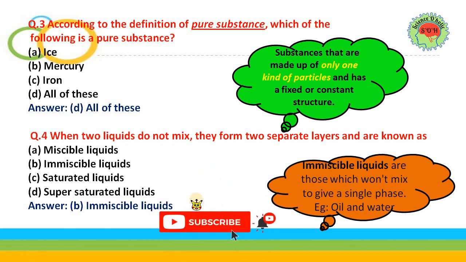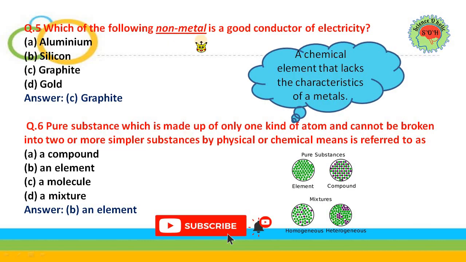Now question number 5. Which of the following non-metals is a good conductor of electricity? Don't confuse metal and non-metal. They have asked us about a non-metal which is a good conductor of electricity. The options are A, aluminium, B, silicon, C, graphite, and D, gold.